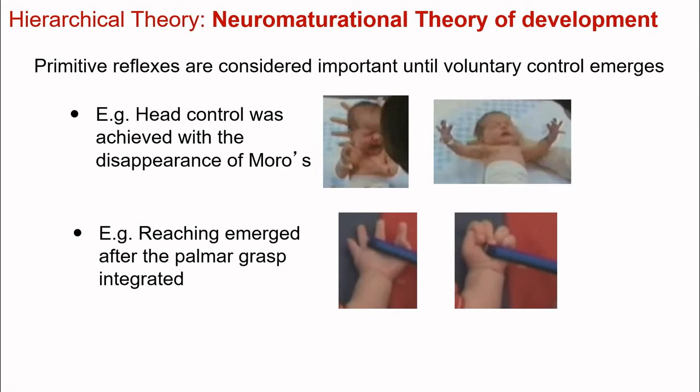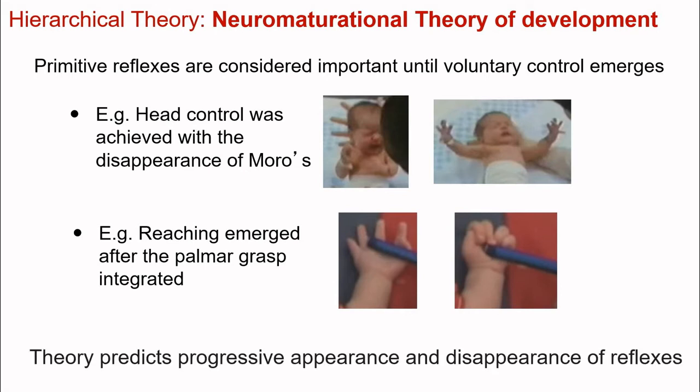Similarly, reaching is believed to emerge after the grasp reflex becomes integrated into hierarchical control. In simple terms, the neuromaturational theory predicts that the progressive appearance and disappearance of reflexes will occur through development, as the child moves through different developmental stages.